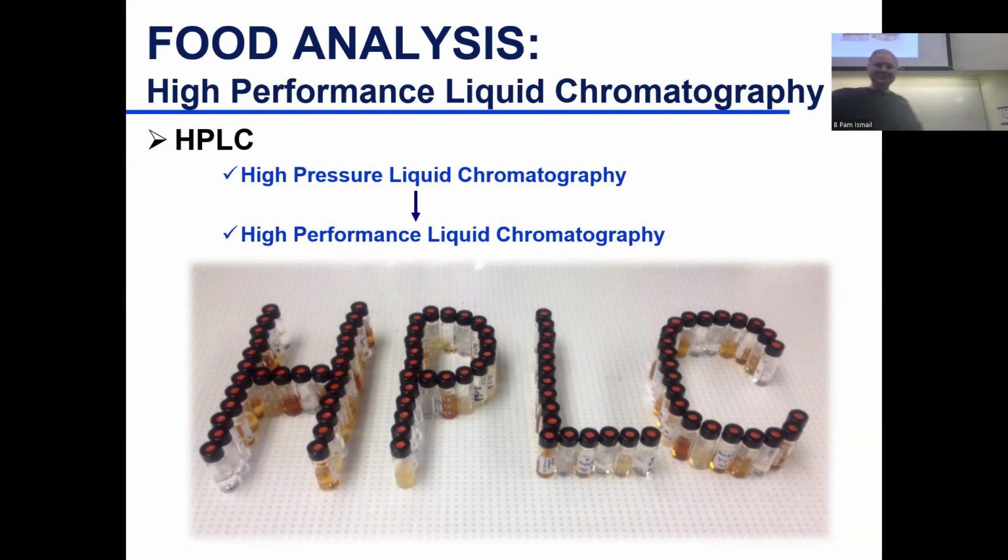Love this. All right. Ladies and gentlemen, Emma and Allie. Allie's actually the expert at HPLC, so she's going to go first.